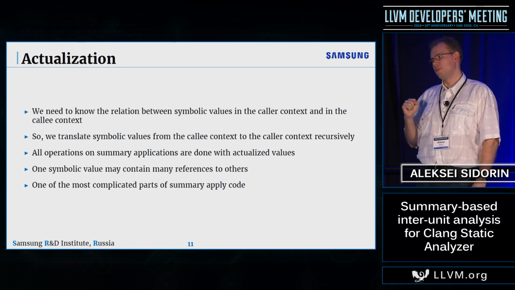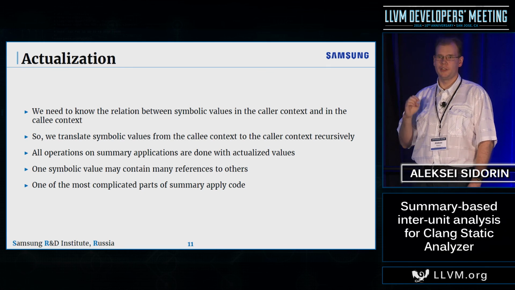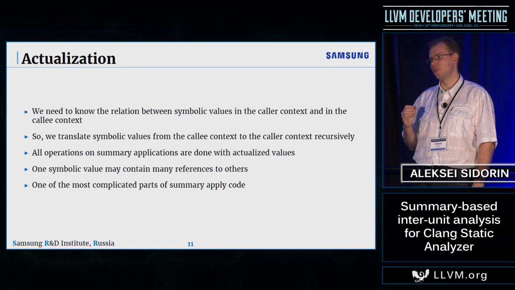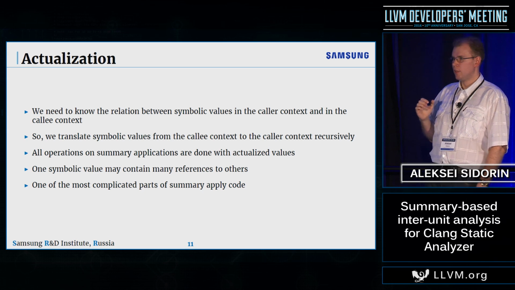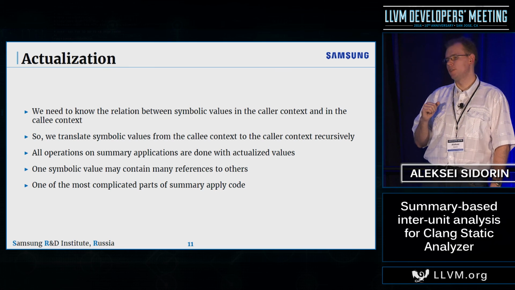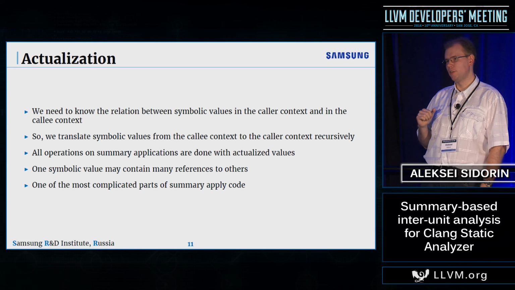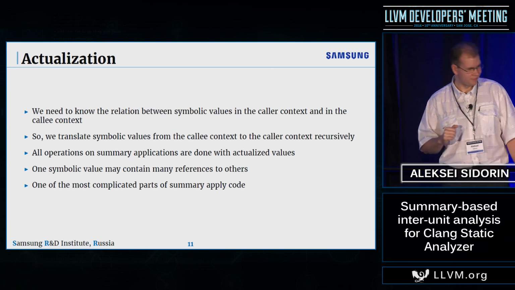If a symbolic value references another symbolic value, which is a common case, we also actualize them recursively. This is one of the most complicated parts of the summary application code, but the checker developer can only call a special method, actualizeVal of the summarizer object, to get the mapped symbolic value.